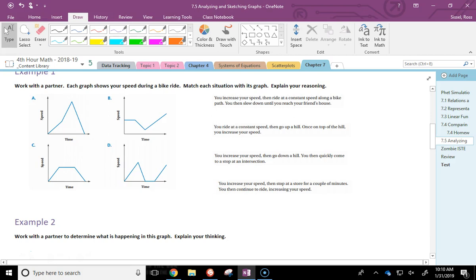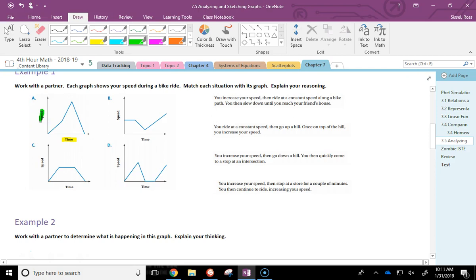So we have A, B, C, and D, and I want you to match each scenario. All you have to do is write A, B, C, D, wherever they belong. Then we're going to discuss them. The only thing I'm pointing out is our x-axis is time, and our y-axis is our speed.